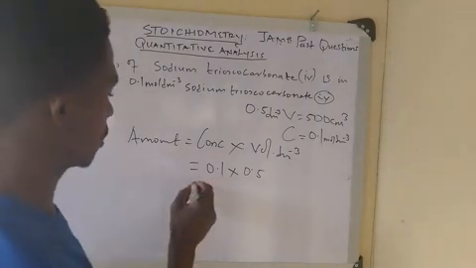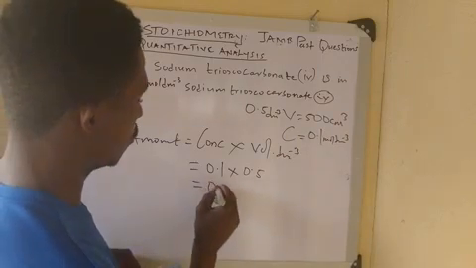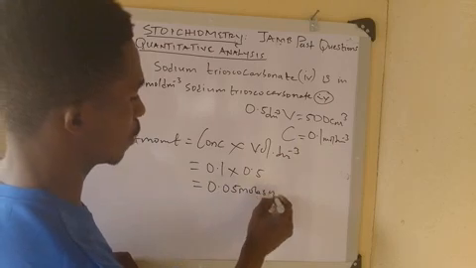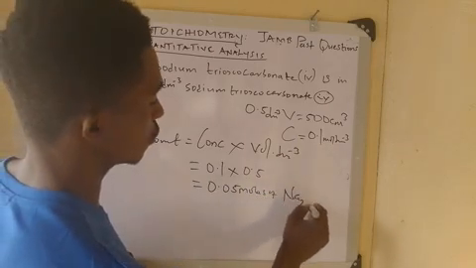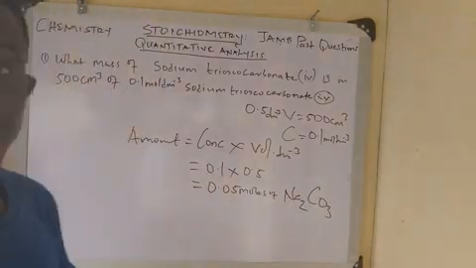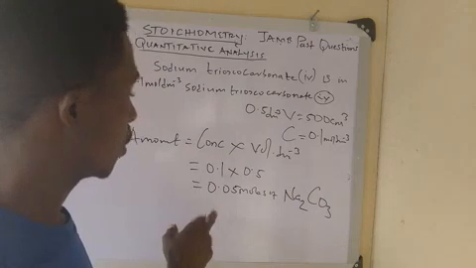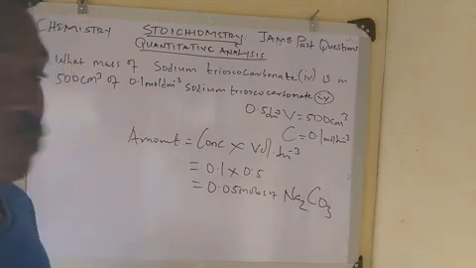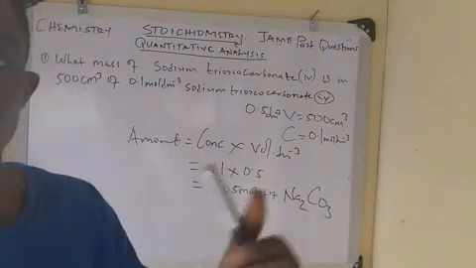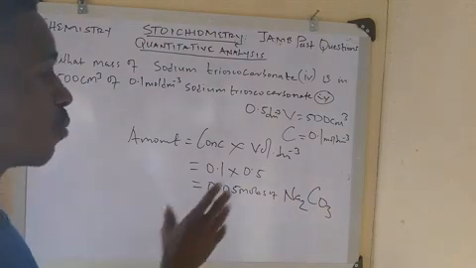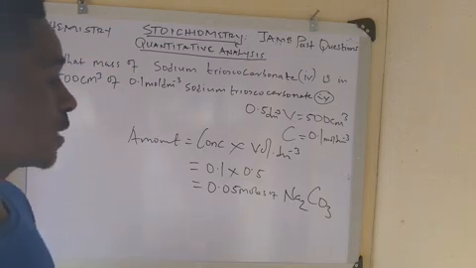So the answer is 0.05 moles of sodium trioxocarbonate(IV). So this is the amount of the salt, 0.05 moles of the salt. But what we are asked to do here is to calculate the mass. So this is the mole, so it's to calculate the mass.